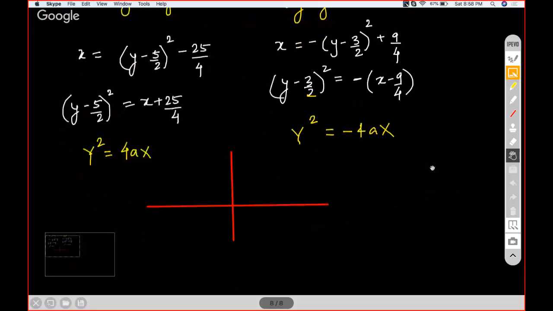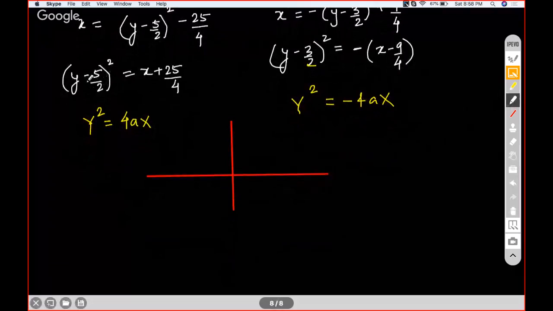If I plot this one, it's going to have its vertex at minus 25 by 4 comma 5 by 2. That's somewhere over here.